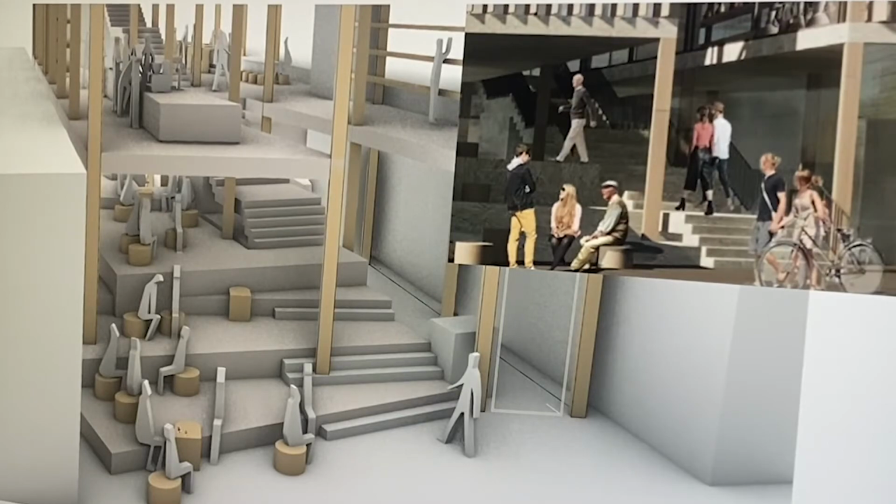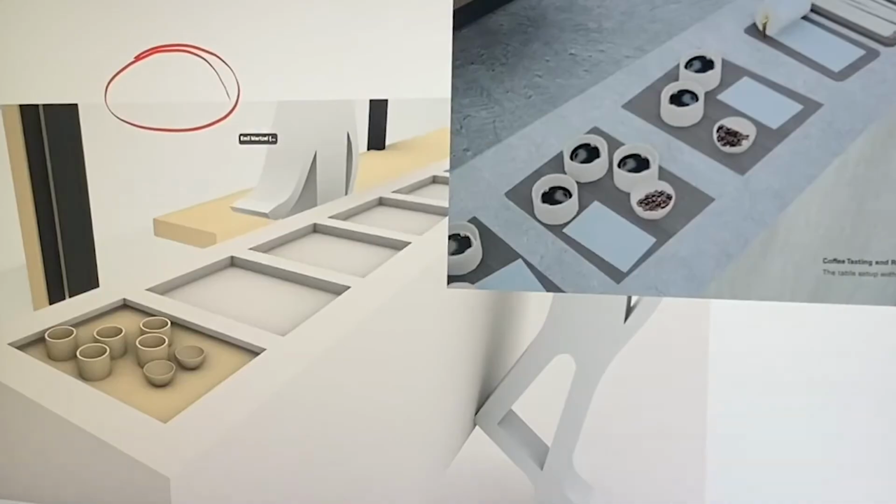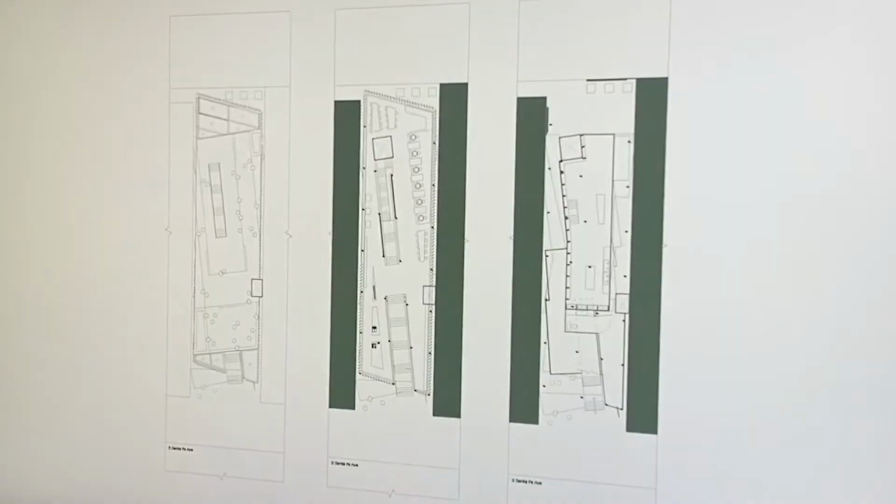So what happens up here? If you look at the floor plan right here, you go up. Left is the coffee making space, the roasting and coffee making. This is the second level. This is the top level. Is the top level a roof?